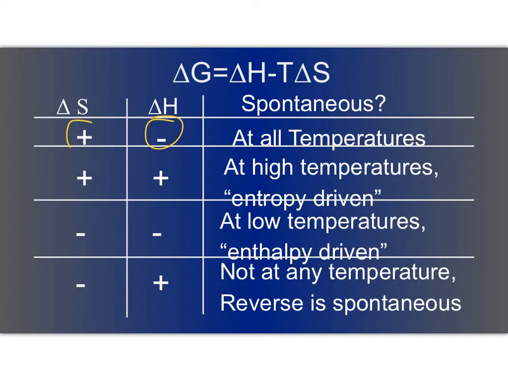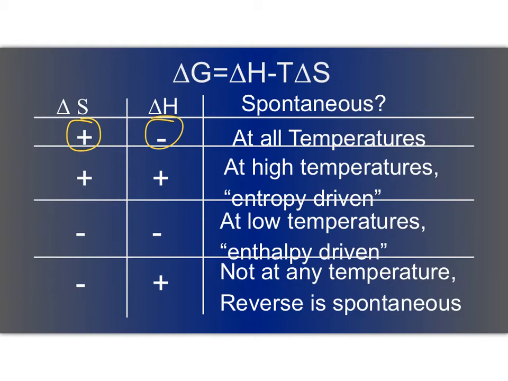So that would be a positive delta S. So if we were to do this scenario where we put in the negative sign here minus a positive, and we did some math, you would see that the delta G would always be negative. And of course, the reaction would be considered spontaneous, and it doesn't matter about the temperature.